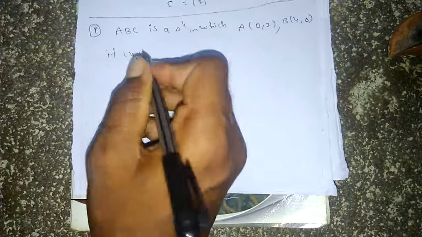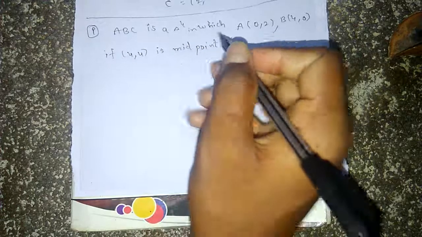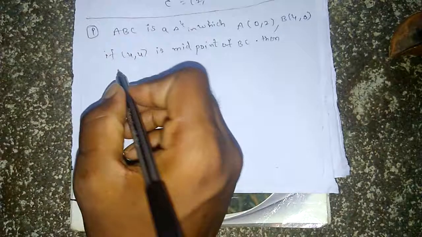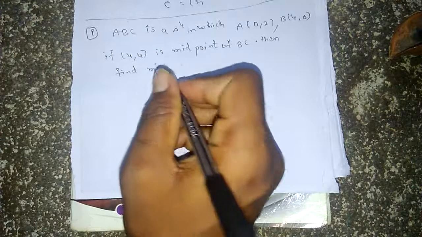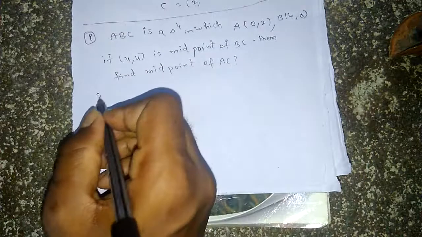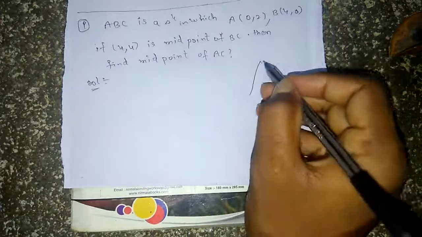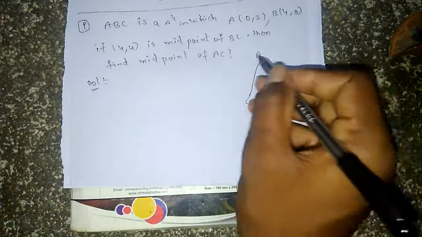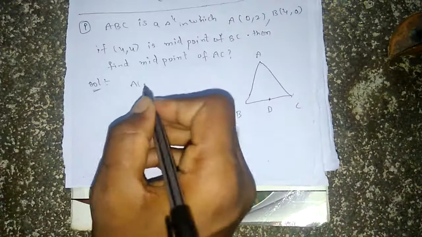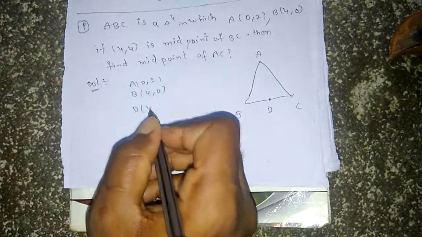If (4, 4) is the midpoint of BC, then find the midpoint of AC. This is triangle ABC. This is the midpoint of BC, D. Here A is (0, 2), B is (4, 0), and D is given as (4, 4).